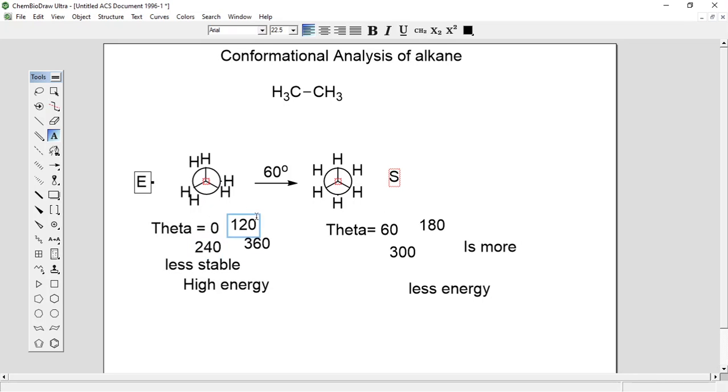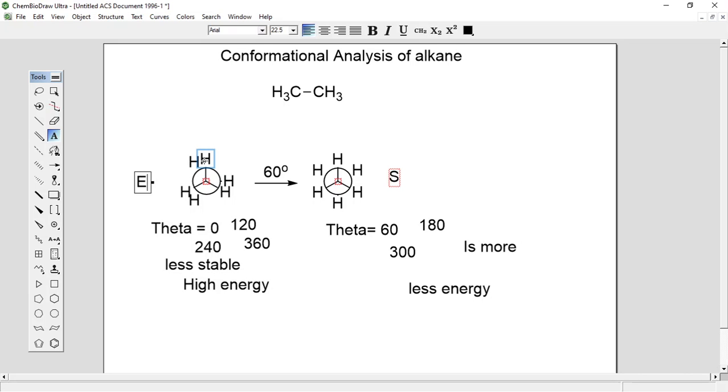While at dihedral angle 120, 240 and 360, the angle between the hydrogen present on first carbon and the hydrogen present on second carbon is 0. Okay, so that's why the steric hindrance takes place. There is a steric hindrance between the hydrogen present on first carbon and the hydrogen present on second carbon.